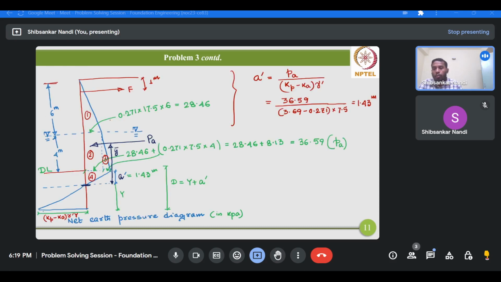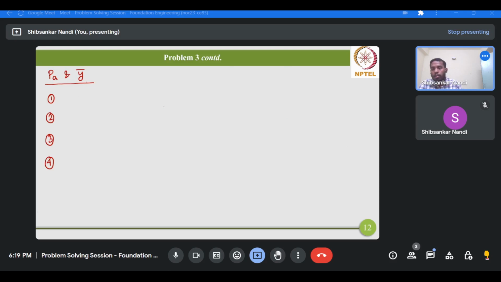First, coming to component 1, the force will be half into 6 into 28.46. Let me put the heading here: this is PAi and this is Yi bar, in meters and kilonewton per meter.